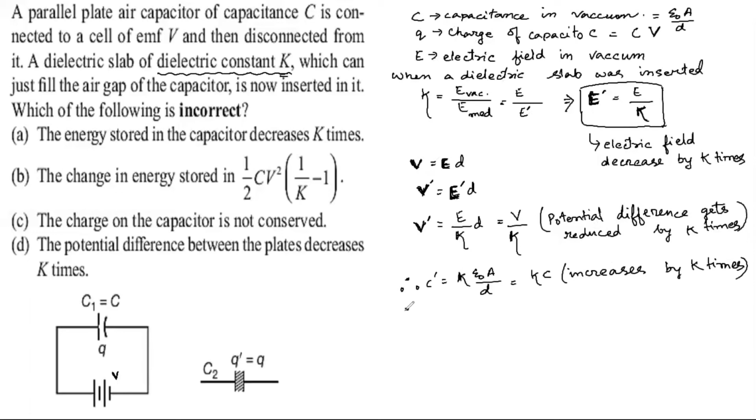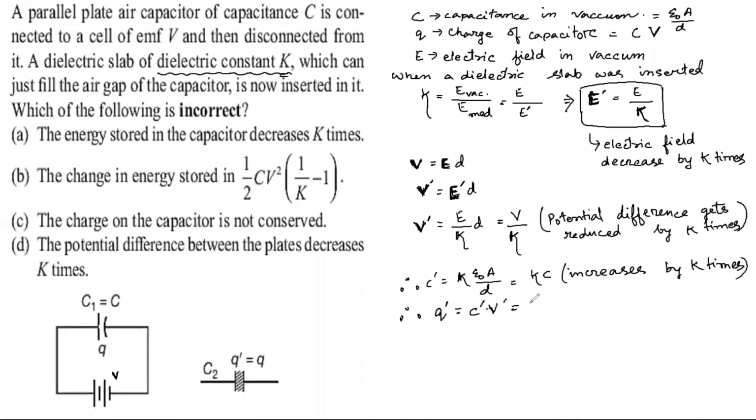Alright. Now we are going to find the charge value. Initially it had a small q amount of charge in vacuum. Now let's say q dash. So small q dash is nothing but C dash multiplied by V dash.